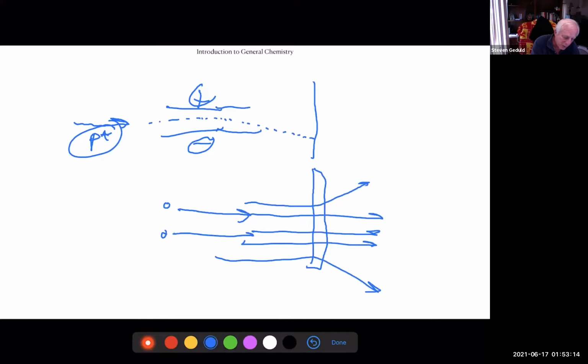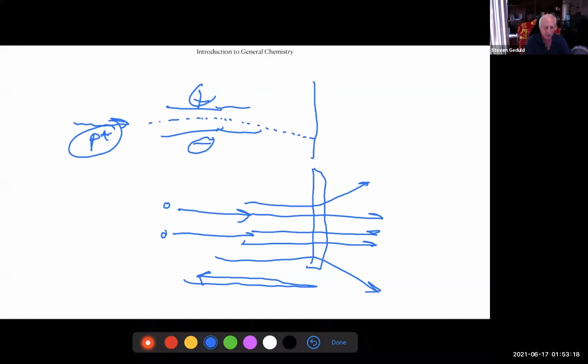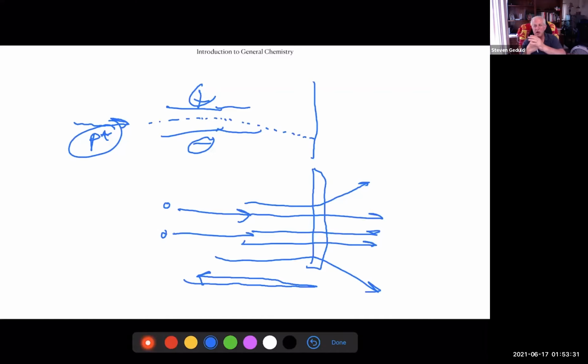And every once in a while, one would bounce straight back. The ones that deflected were getting close to the nucleus, because the nucleus is a positive charge, and the nucleus of the gold in the foil is also positive. As it gets close, it deflects. If it hits right on it, it comes back. 99.9% go straight through. Most of your atom is space.